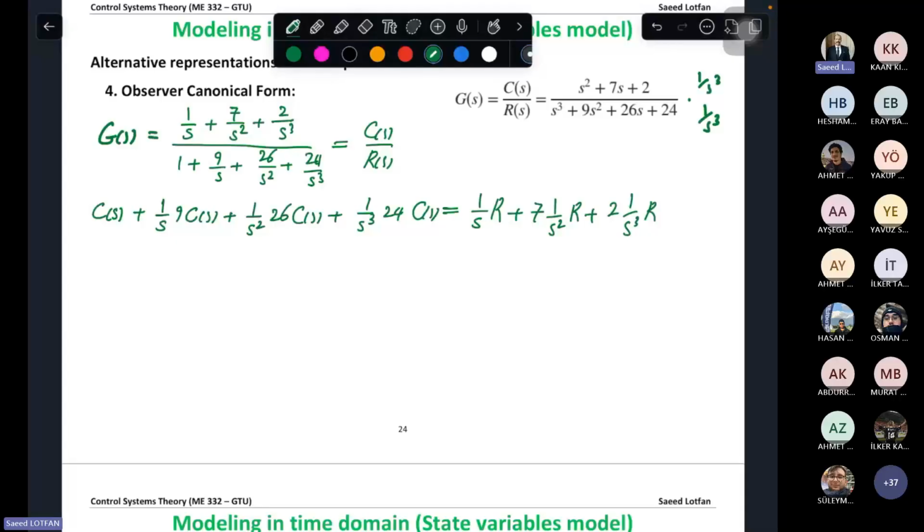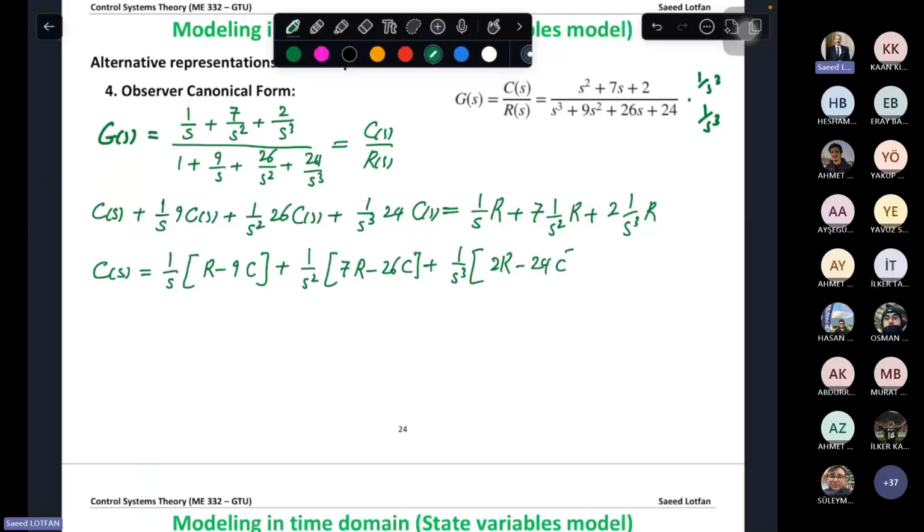Then if I reorder these as 1 over s (R minus 9C) plus 1 over s^2 (7R minus 26C) plus 1 over s^3 (2R minus 24C).